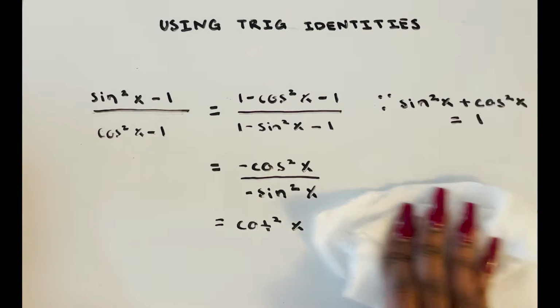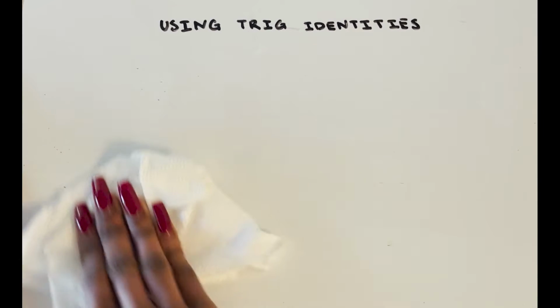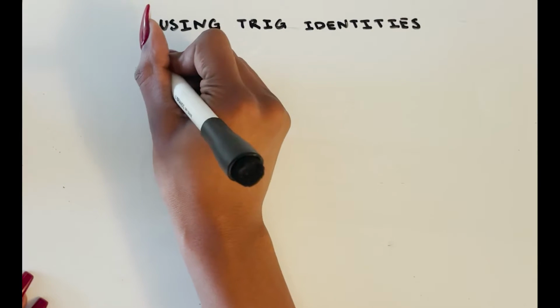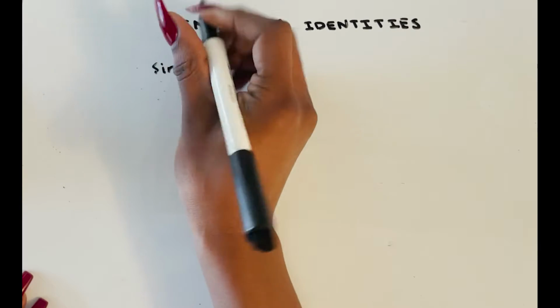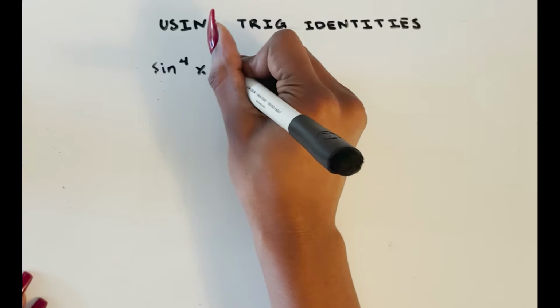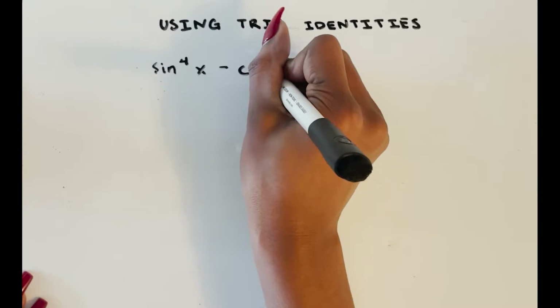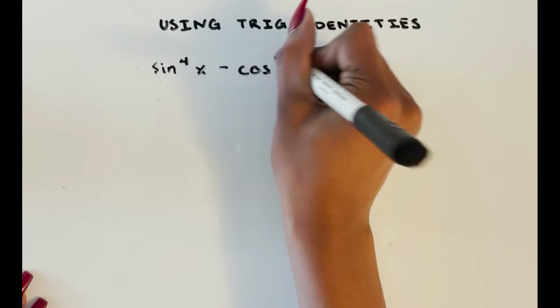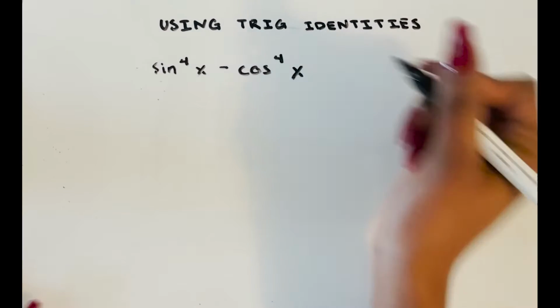Now let's take a look at another example. We'll simplify sine raised to 4 of x minus cosine raised to 4 of x.